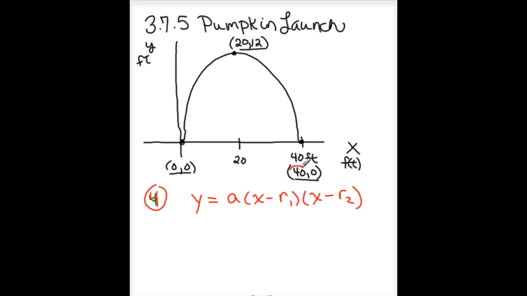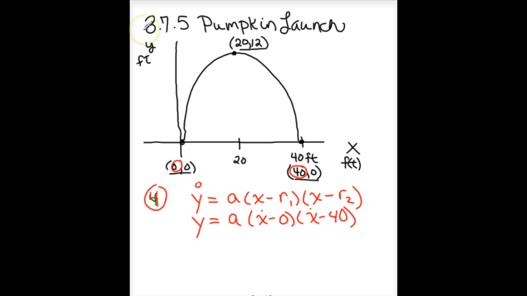Since your x-intercepts are 40 and 0, and those are what cause the y's to be 0, we know this is a times (x minus 0) times (x minus 40), because the solutions 0 and 40 give us our x-intercepts, or y values of 0.